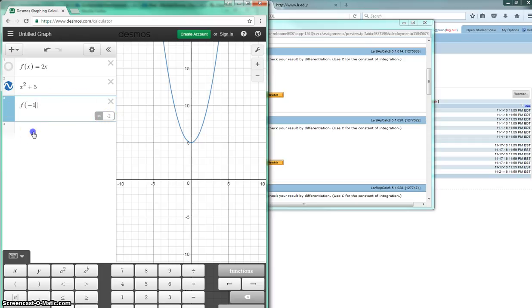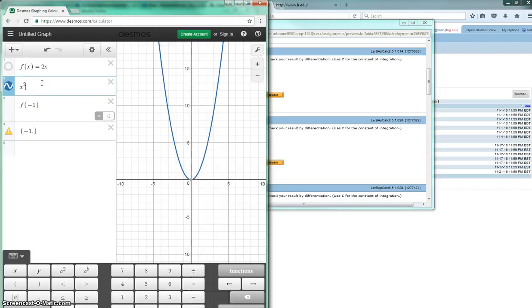So the slope at the point negative 1 in my original function: negative 1 squared is 1, so that's 6. So the slope right here is negative 2. Now, if I look at this other equation, with minus 2, my derivative is still 2x.